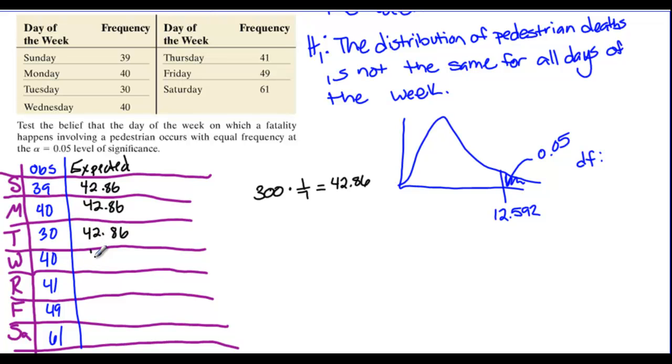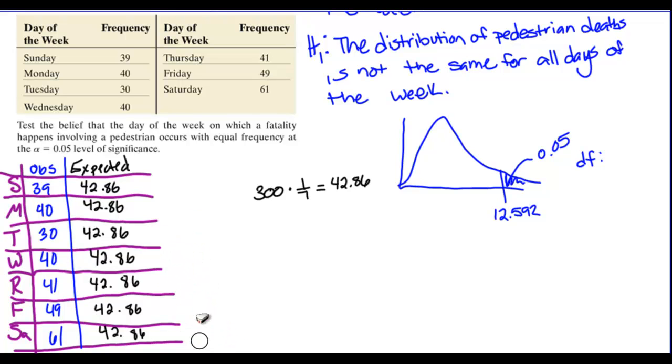Because these are all the same, we can go ahead and make sure that all of our expected values are greater than or equal to 1, which they are, and that there's no more than 20% that are 5 or less. Since these are all 42.86, we're going to meet those requirements. From here, we're going to work on our test statistic. Again, it's observed value minus the expected value, squared and divided by the expected value.